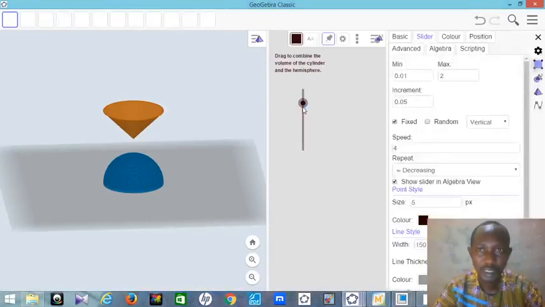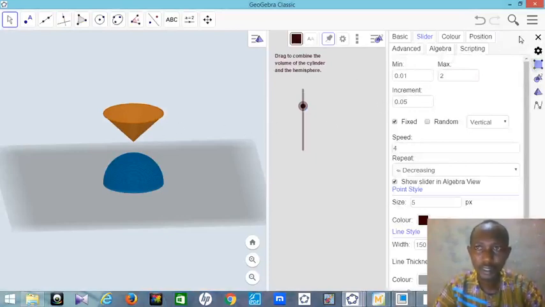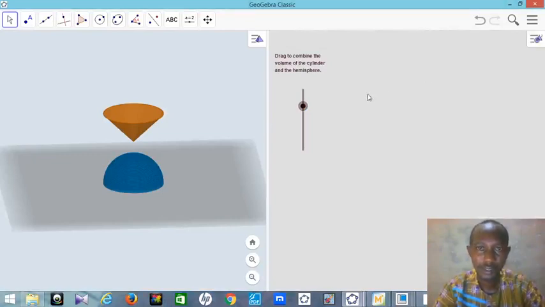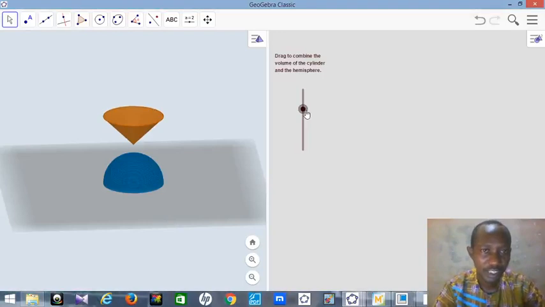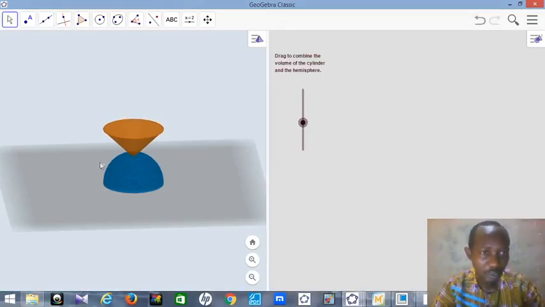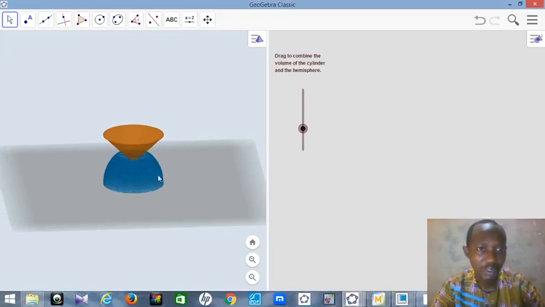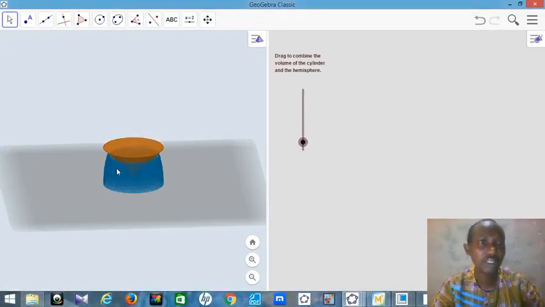Remember when you put this inside, the surface area of this hemisphere is going to be equal to the surface area of the cylinder that is going to be formed. So since they are equal, why not just equate them and you get the surface area of your sphere. So that's what we are doing.